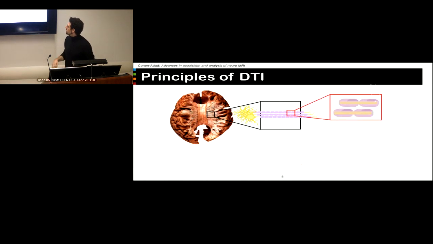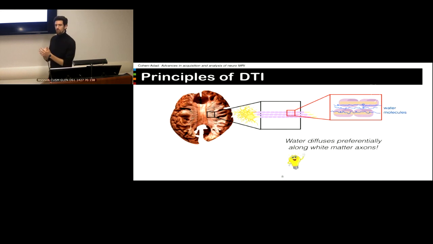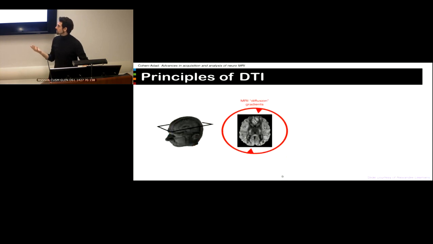If we zoom in, we see that those axons are composed of the intracellular part and also this purple-ish part, which is called myelin. And myelin is a barrier to the water molecules, so they tend to diffuse preferentially along those axons, right? So, okay, that's the property of water diffusion in the white matter. Now, can we measure that with MRI? And the answer is yes.